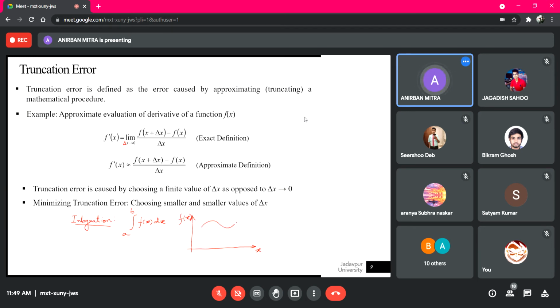Let's say this is the curve or the function, and these are the two limits, a and b. So we consider a small rectangular strip of, say, infinitely small thickness. This thickness is infinitesimally small.